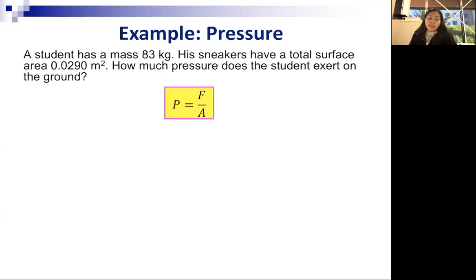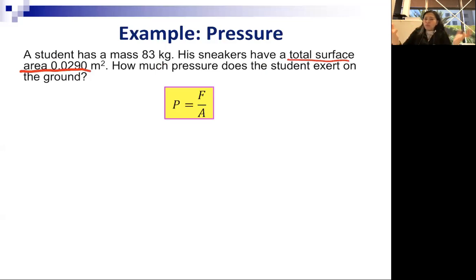All right, so the equation relating pressure, force, and area is here. Pressure is force per unit area. The area of the sneakers is given. The question is, what is the force? So you have the student, say this is the foot of the student, and the student has a mass of 83 kilograms and is exerting a force on the surface area.